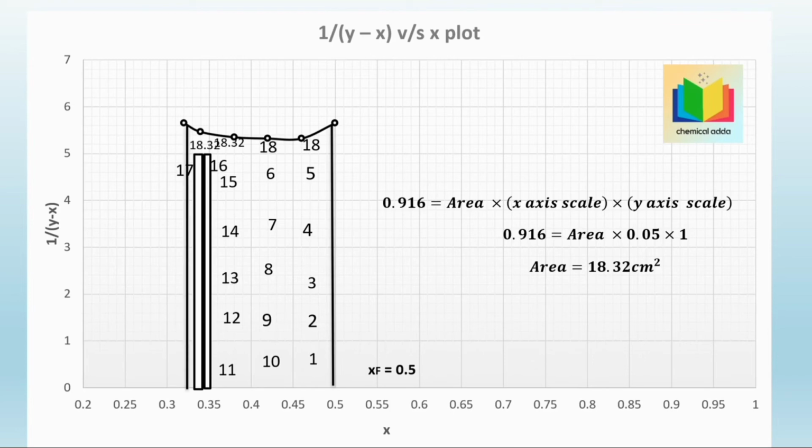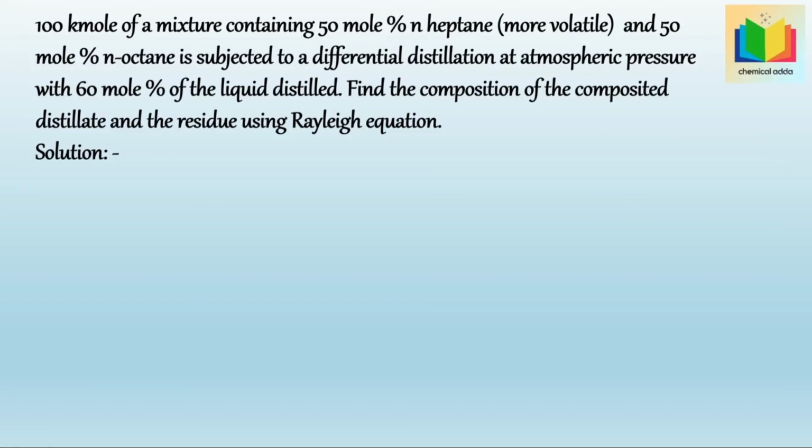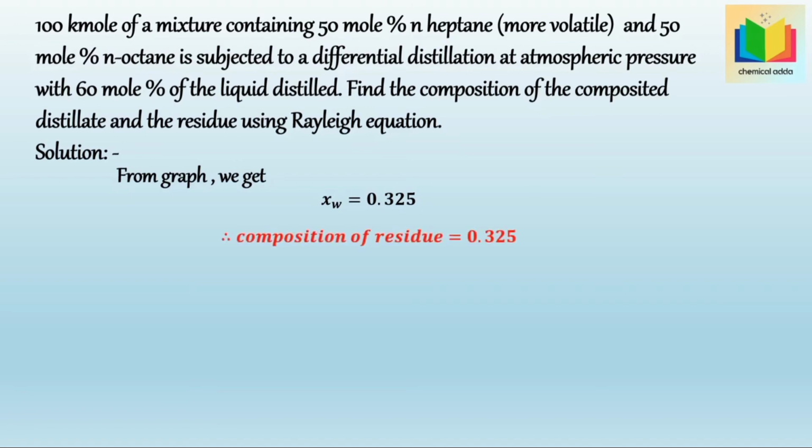In this way, we get xW is equal to 0.325. So, from the graph we get xW is equal to 0.325. Hence, we get the residue composition, that is, xW is equal to 0.325.